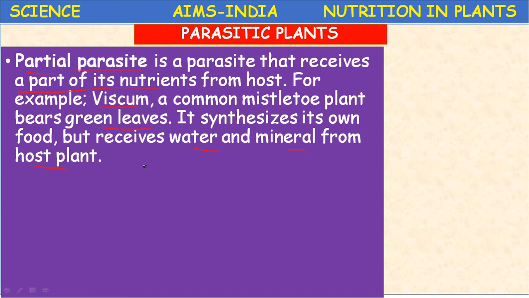Mistletoe receives only water and minerals from the host. It won't receive the food materials, so it synthesizes its own food by photosynthesis.